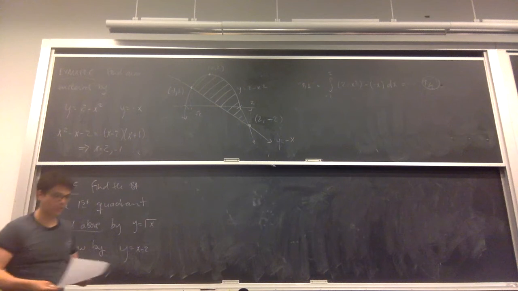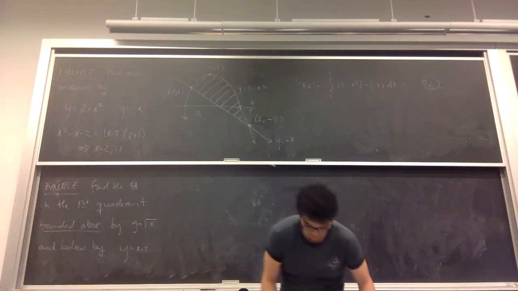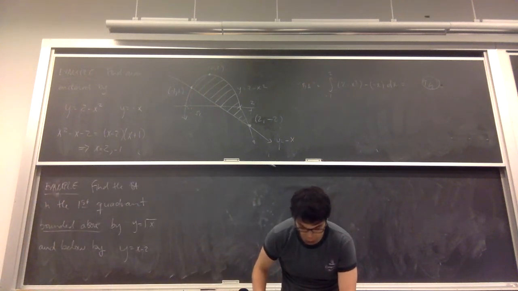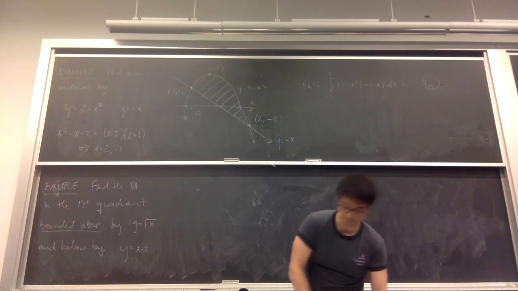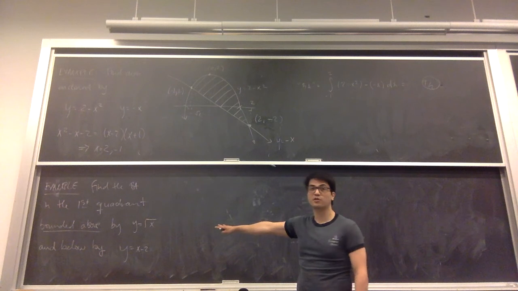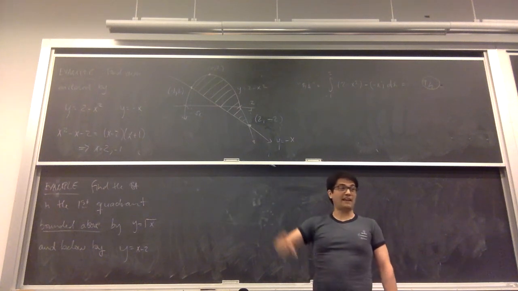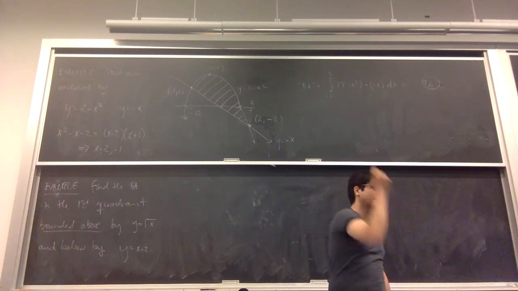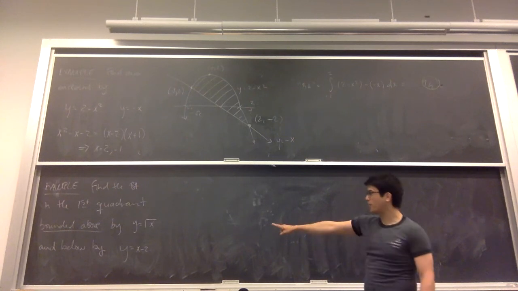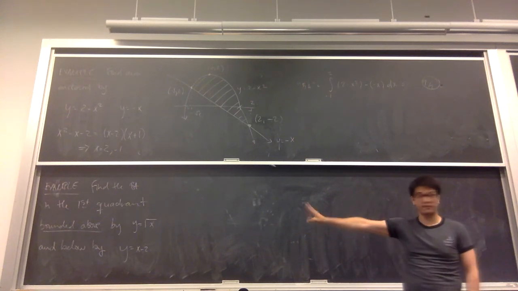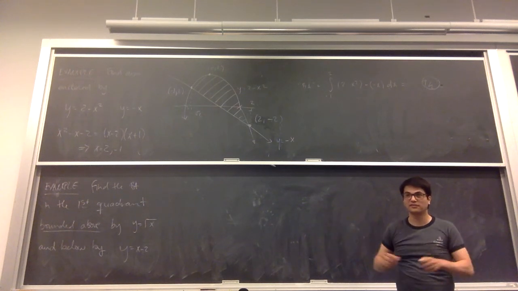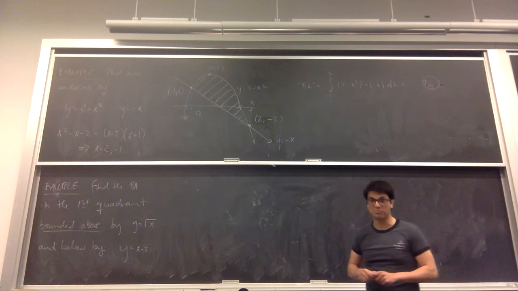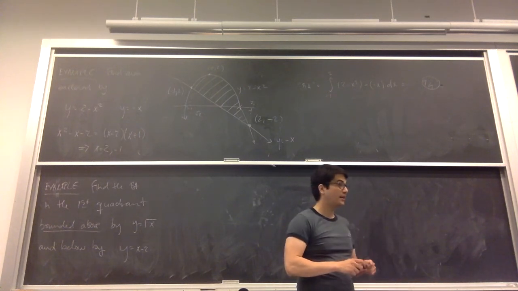Okay, first draw a picture for me. In the notes, I've done this question 4 times. I've given you 4 different ways of doing this. So first I want to make sure that you can actually produce the plot for this. It should be easy. It's a line and the square root function. So draw the picture, and find the intersection points. That's the other thing you have to do.